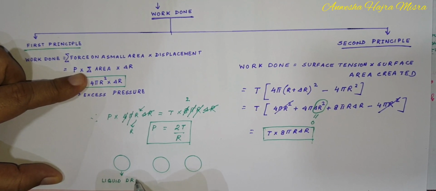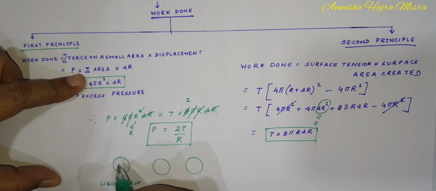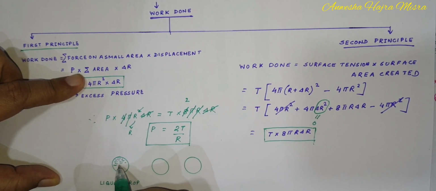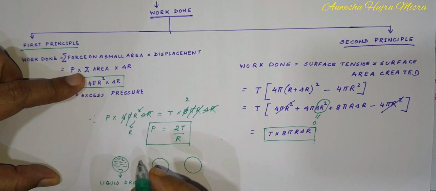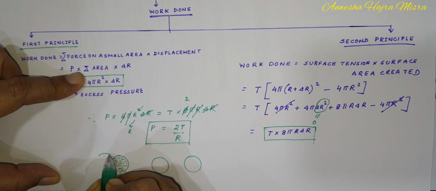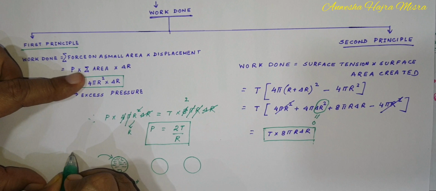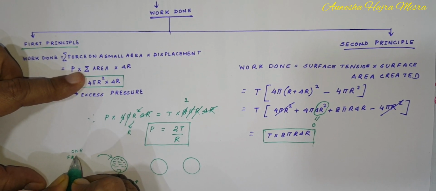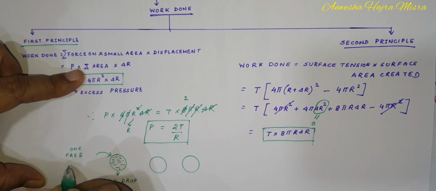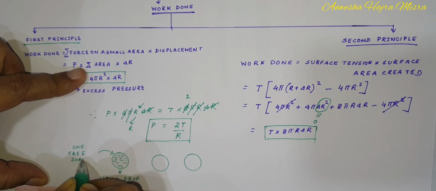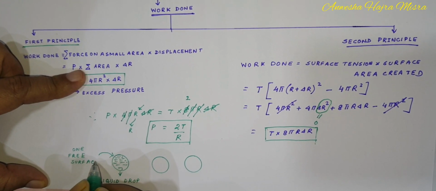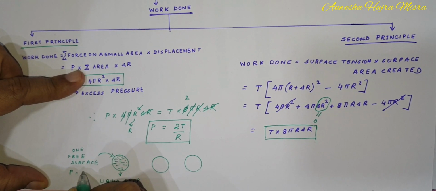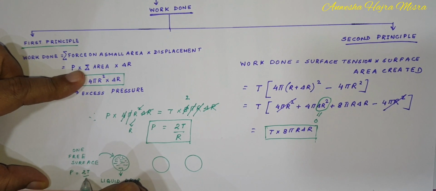If it is a liquid drop, then what happens? Inside you have full liquid, so there is only one free surface, which is expanding. So in this case, excess pressure is twice T by R.